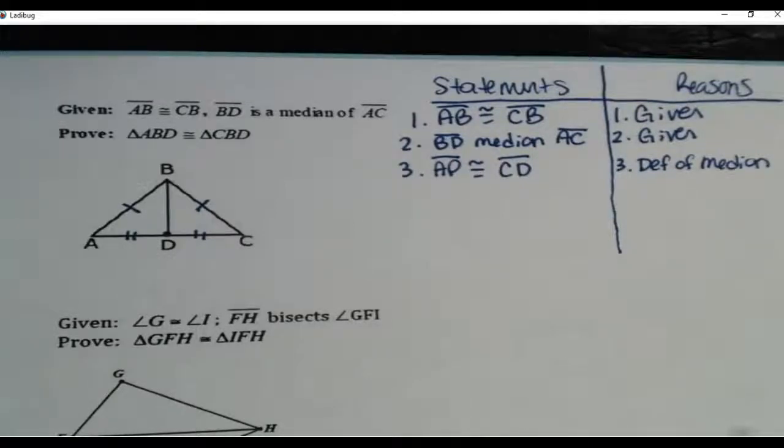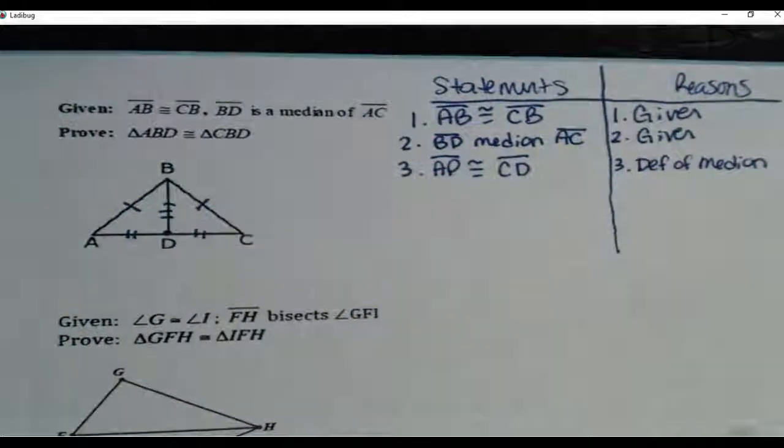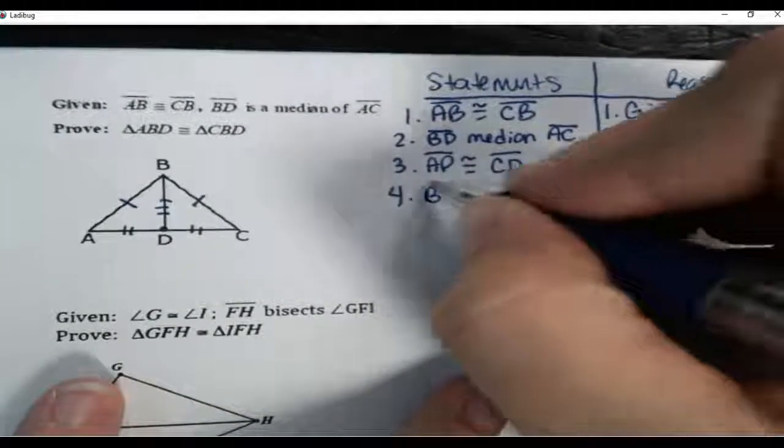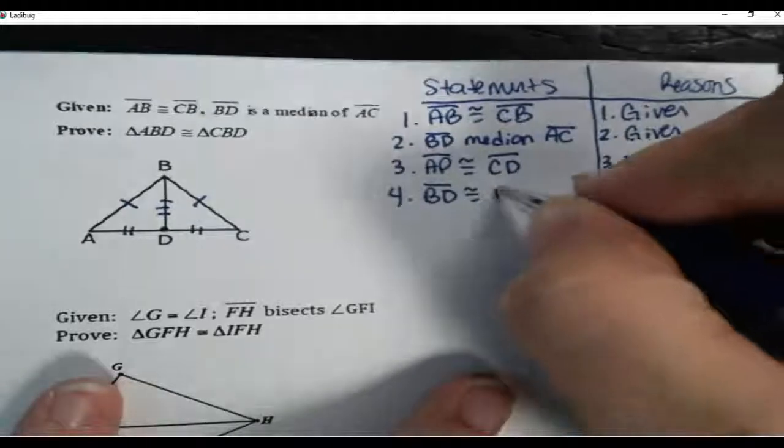So if we're looking at this triangle, what else do we know about it? Yeah, they share this side right here in the middle. So that has to be the same because it's the same thing. So we can say BD is congruent to BD.